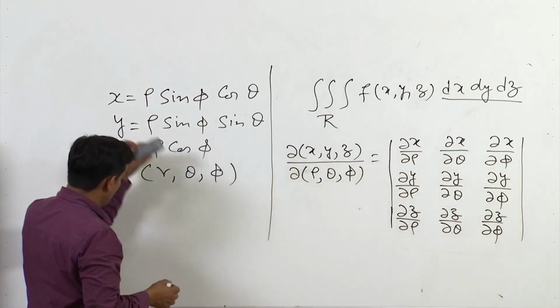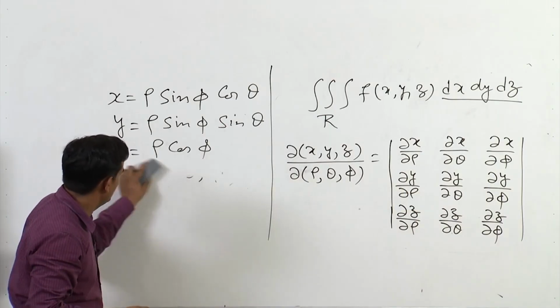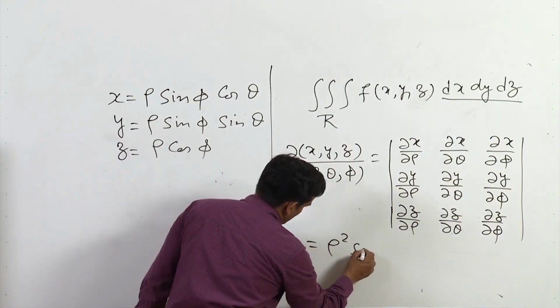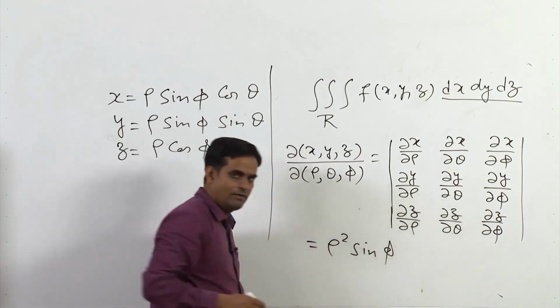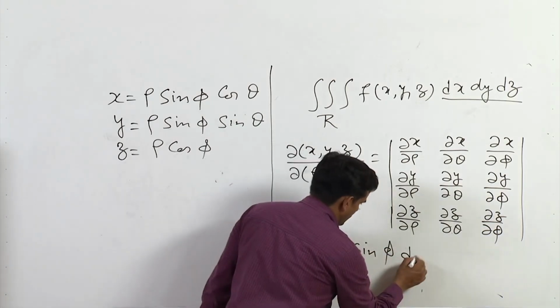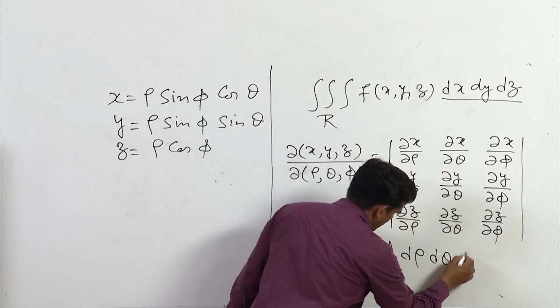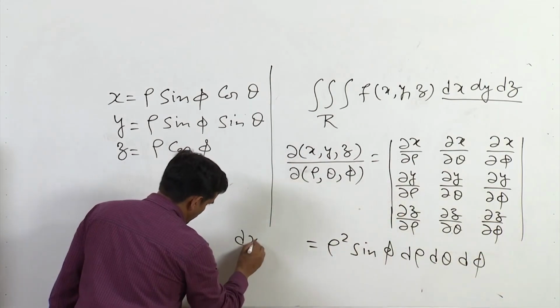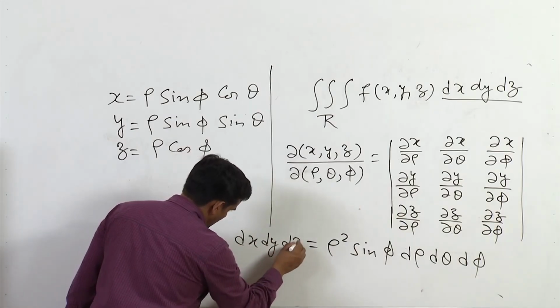If I simplify this Jacobian, it comes out to be rho square sin phi d rho d theta d phi, which will be equal to dx dy dz.